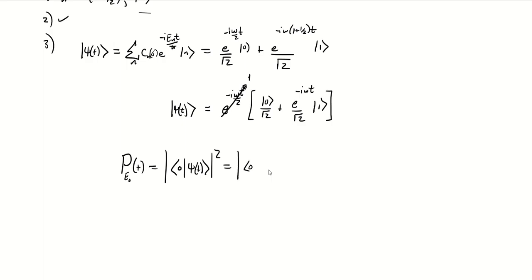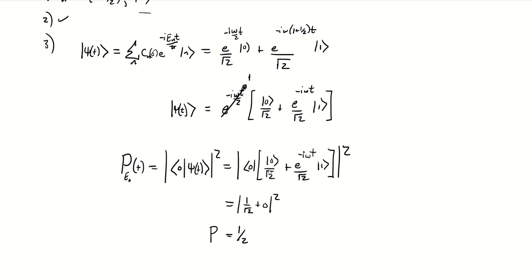We have <0| with |0> over root 2 plus e to the negative i omega t |1> over root 2, just plugging in our time-dependent state function. The inner product of <0|0> is 1, so that ends up being 1 over root 2 there. And since |0> and |1> are orthogonal, that term vanishes, and we square the 1 over root 2. So that probability is 1/2, and it's constant, independent of time.